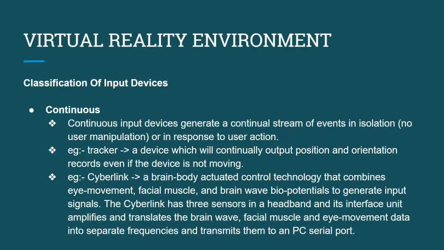They continuously output the position and orientation whenever we are moving it. And a new cool example of that is Cyberlink. Here we are getting the input as eye movement, facial muscle movement, brain waves. All these are generating input signals, and all are used to produce the outputs.